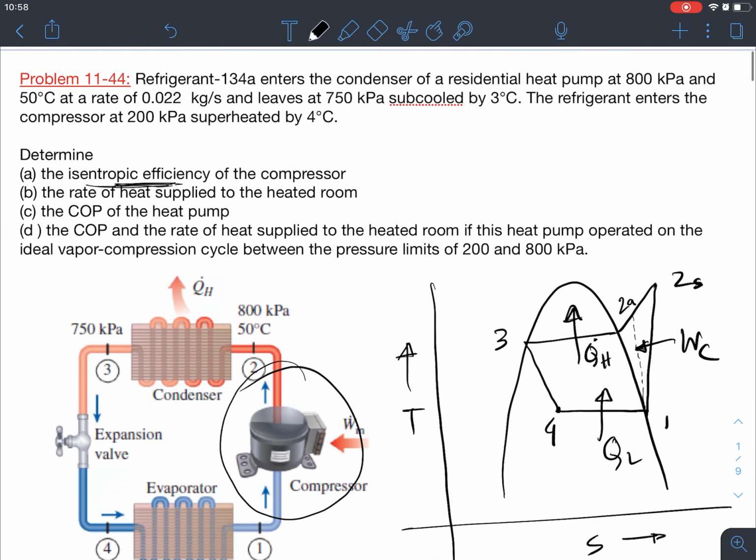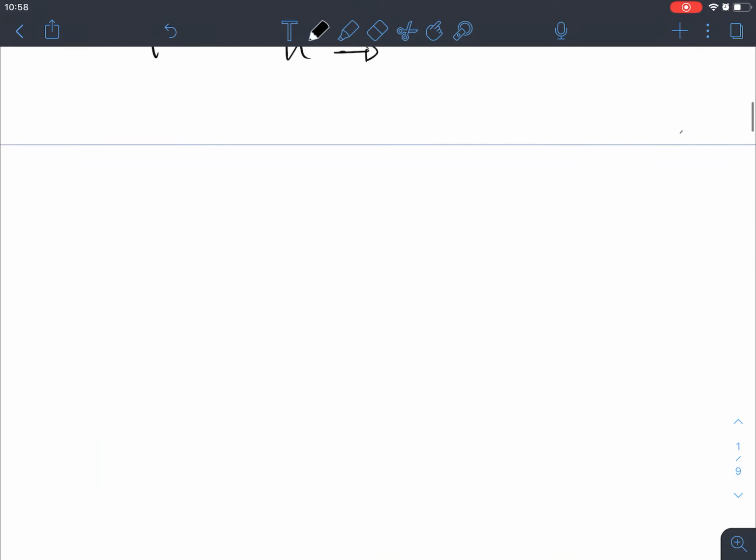For point 1 to 2, what is given for this particular problem is that the refrigerant enters the compressor at 200 kilopascal and superheated by 4 degrees Celsius. With this superheated refrigerant and the pressure of 200 kilopascal, we have to look at the table and get the respective data, right?